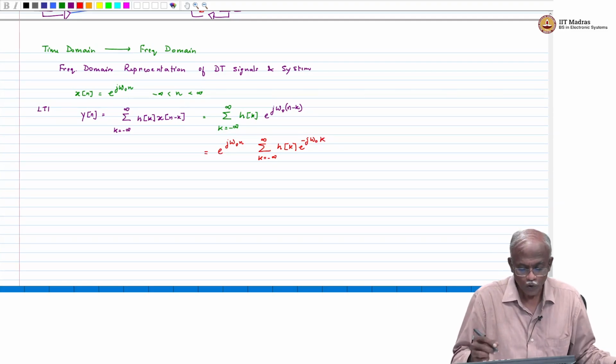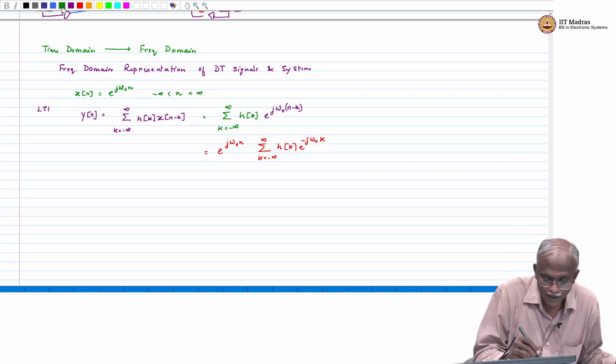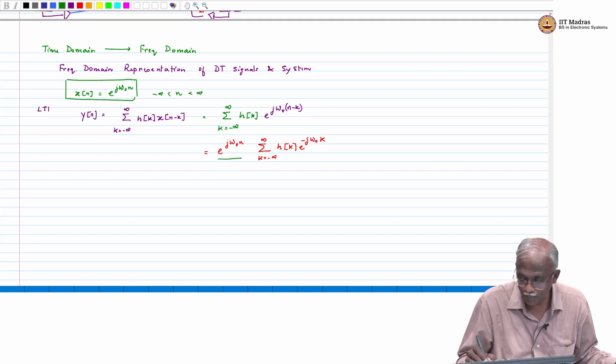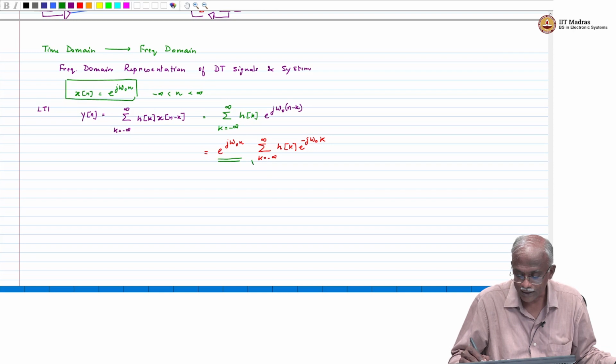Okay. So what is the observation? Input is e power j omega naught n. Output is also e power j omega naught n, but it is scaled by a complex quantity. Okay. So this is the same as input.